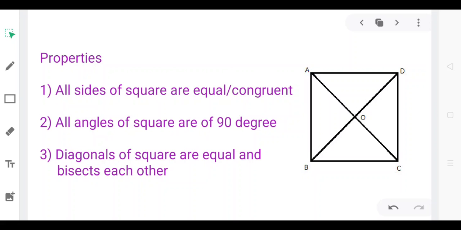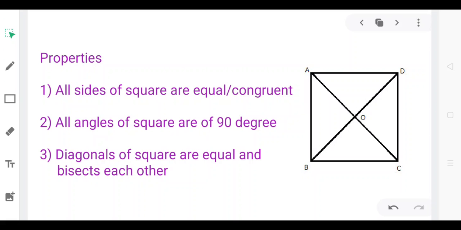Third property, diagonals of a square are of equal length and bisect each other. Here in the figure you may observe these two diagonals AC and BD bisecting each other at point O.